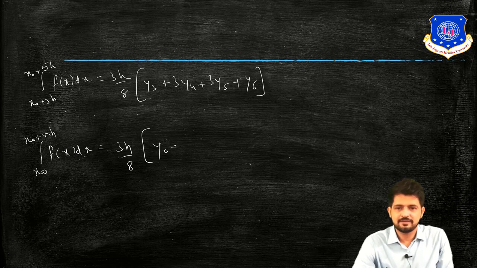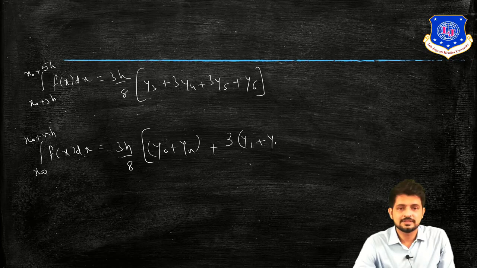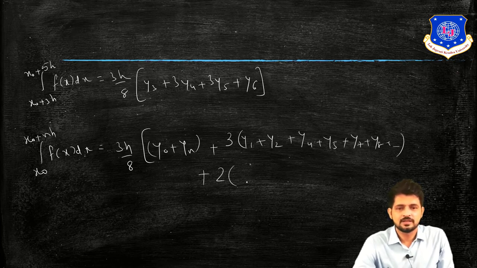3h by 8 first term plus last term plus 3 into sum of the terms excluding the multiples of 3, because the multiples of 3 are coming at last. Okay, so y1, y2, then neglect y3, then y4, y5, then y7, y8 and so on, plus, see, multiple of 3 terms are coming 2 times.